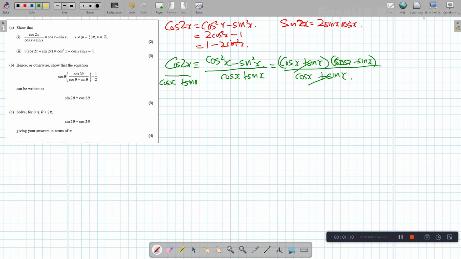So this cancels, and that leaves you with cos x - sin x. Okay, so it's proved: what's on the left is the same as what's on the right.